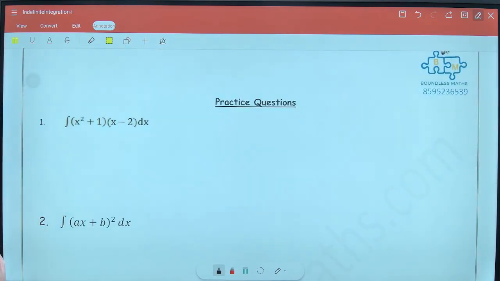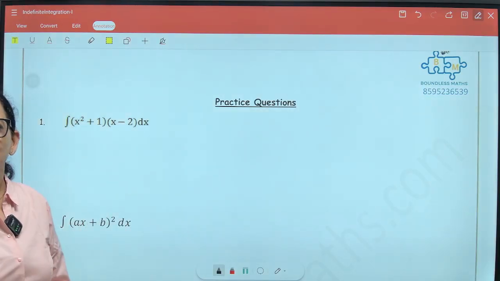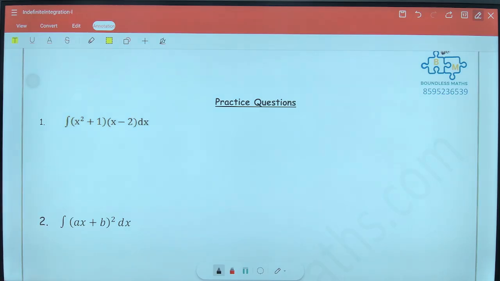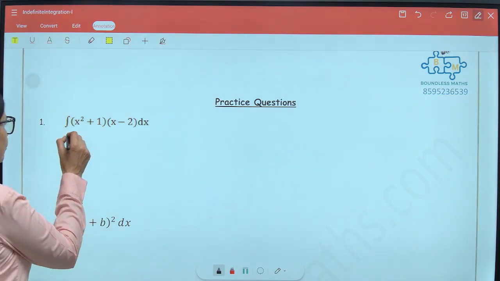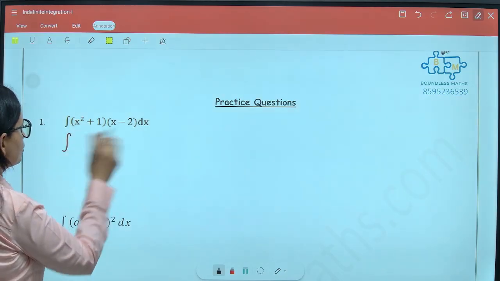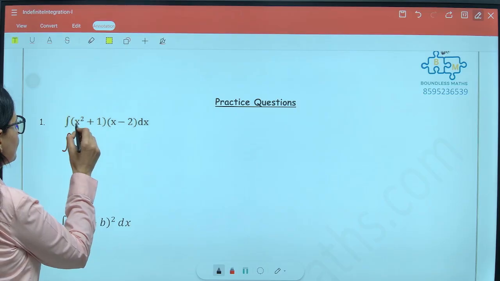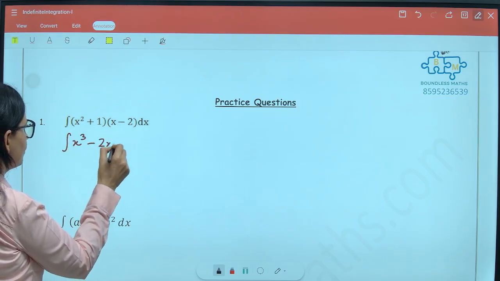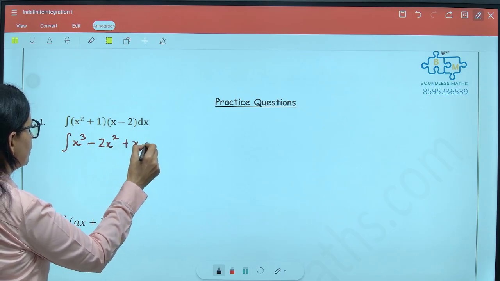The first question is the integral of (x square plus 1) into (x minus 2). In the basic initial level questions, what you need to do is simplify the expression and separate it into different terms. We'll use the distributive property and simplify this polynomial. So x square into x becomes x cube minus 2x square plus x minus 2.